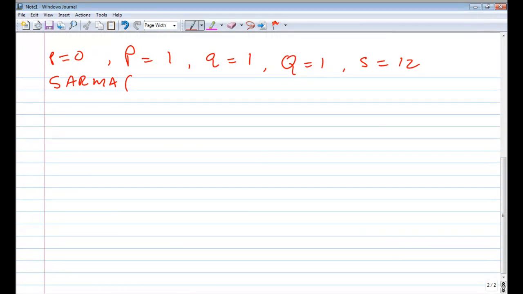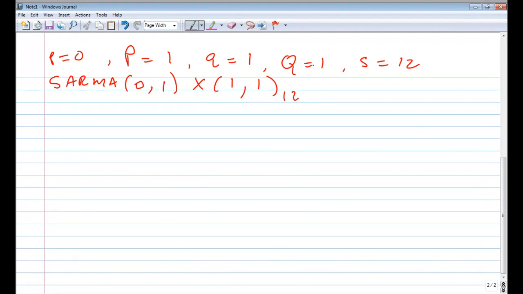The order of the autoregressive part in non-seasonal is 0, isn't it? And the order of the moving average part in non-seasonal is 1. And the order of autoregressive in a seasonal part is 1. And the order of a moving average in a seasonal part is 1. And then our S is 12. So we're going to have SARMA 0, 1, 1, 1.